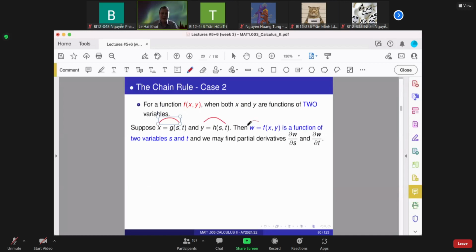Then w is f(x, y), which is f at g(s, t) and h(s, t). So w is a function of two variables.